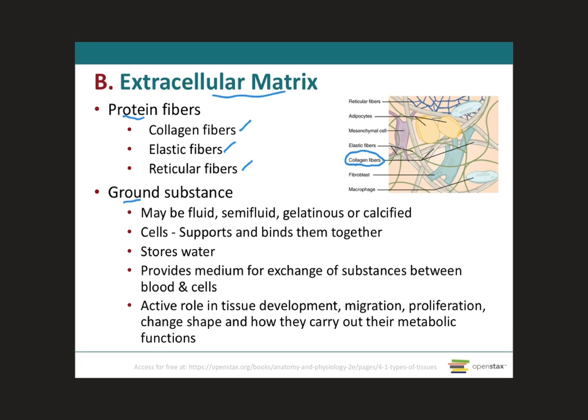Reticular fibers are made of collagen and glycoproteins. They provide support in blood vessel walls and form branching networks around various cells like fat, smooth muscle cells, and nerve cells. Elastic fibers are stretchable, like the name says, elastic, but they're actually very strong, and they're made up of elastin, which makes sense.